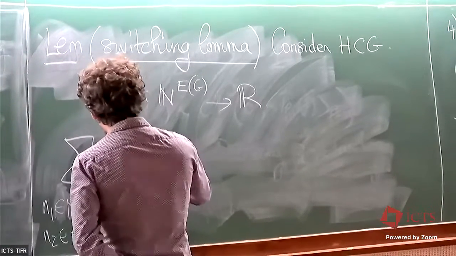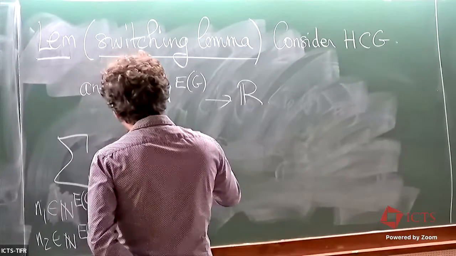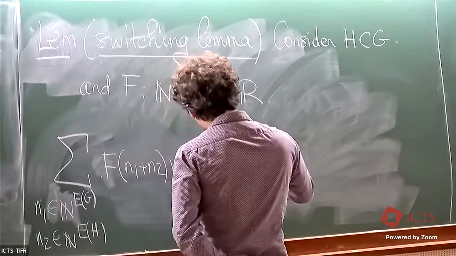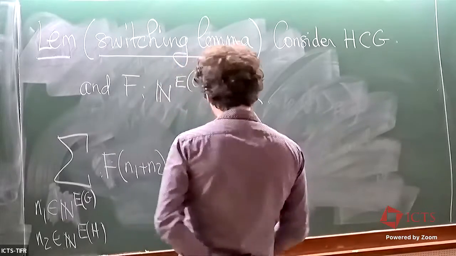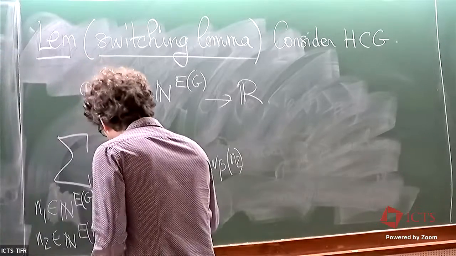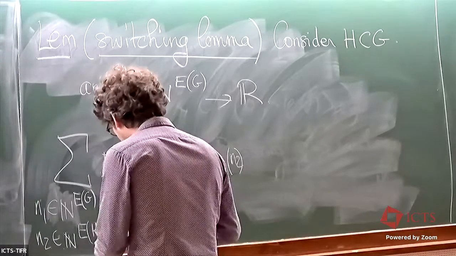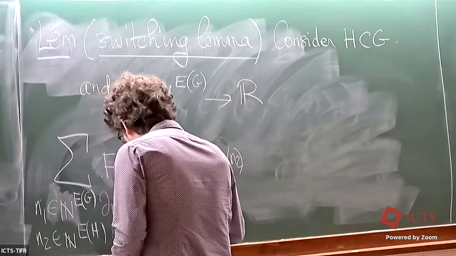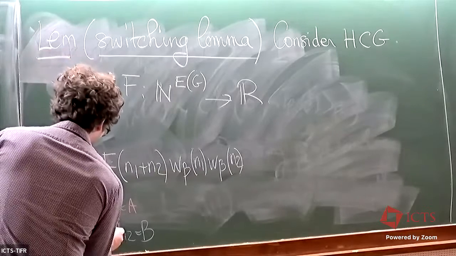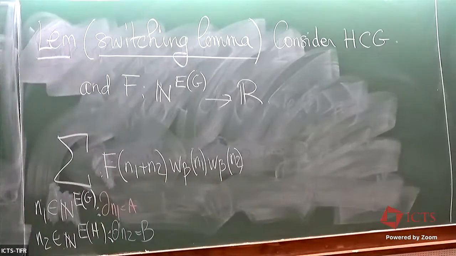And I'm looking at a function of the sum of the two. But imagine that I'm telling you the first current has sources A and the second has sources B. So I'm going to ask that the first current has sources A and the second current sources B. So I'm summing on currents with a prescribed source.